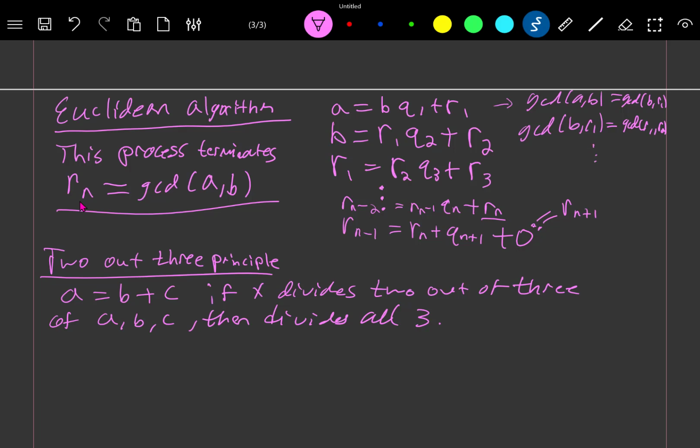And if we keep continuing this, when we get down here, we're going to see that the GCD of this and this is equal to the GCD of this and this. And this here should have been a multiplication.